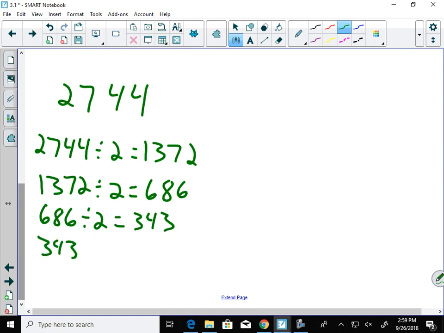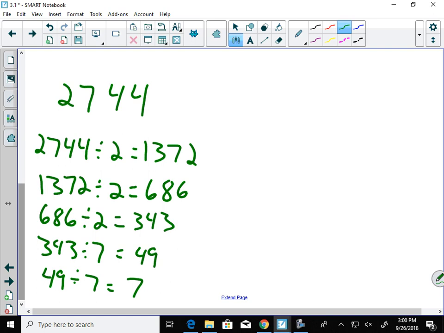I'm going to try the number 3 on that one. No, didn't work. So let's try 7 instead. Equals 49. And I know that 49 is 7 times 7.